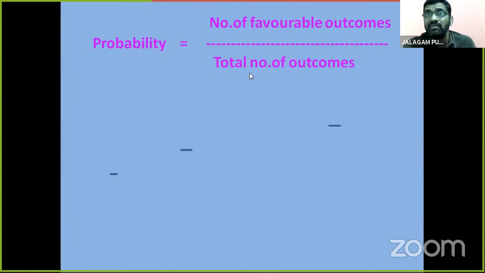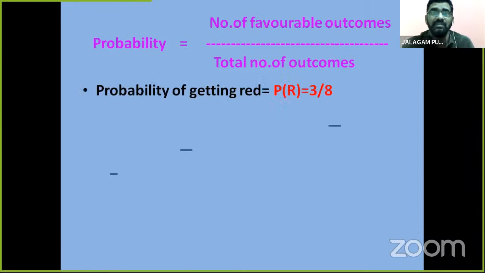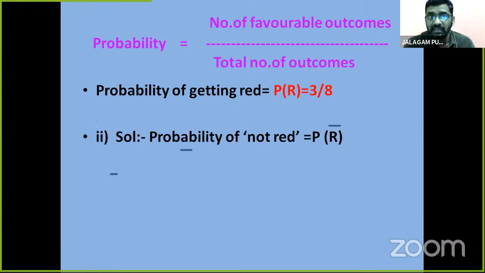Number of favorable outcomes divided by the total number of outcomes. The very important formula throughout the chapter, the classical definition. So the probability of getting red, P of R, is favorable 3, possible 8. 3 by 8 is the answer. P of R is equal to 3 by 8. Now, next one, solution.